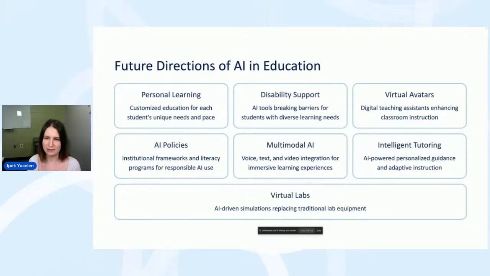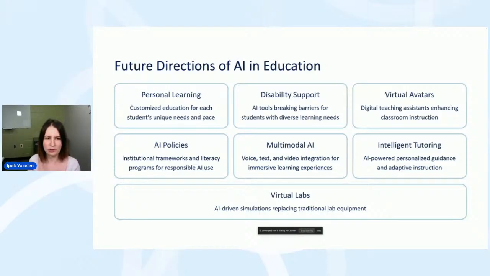Of course, this is an area that is always developing, but it's going to help with personalized learning. And it's going to also have disability support. We're going to have virtual avatars that can actually help as teaching assistants, and intelligent tutoring. So you're going to interact with the AI tutor, and multimodal AIs that can work in different modes, right?